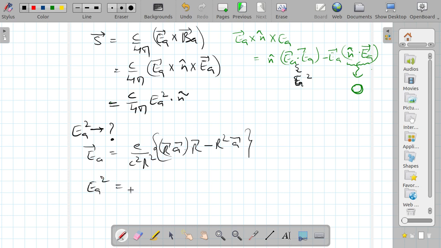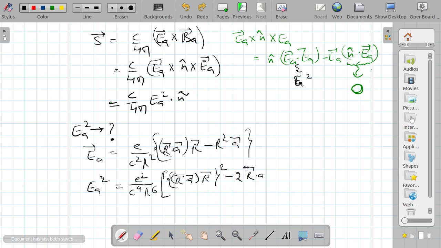Taking the square on both sides, it becomes E square over c^4 R^6, times (R dot a) R vector whole square, minus 2 (R dot a) R dot R square a vector, plus R square a vector whole square. That's what we are getting here.